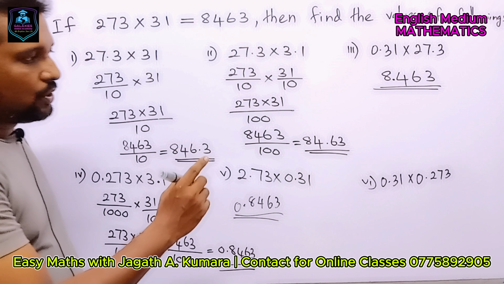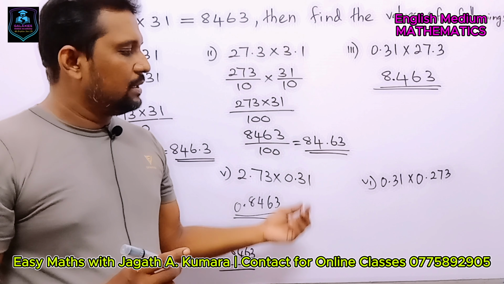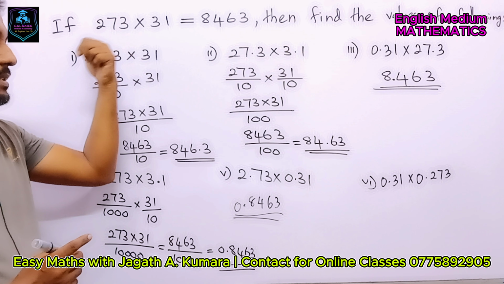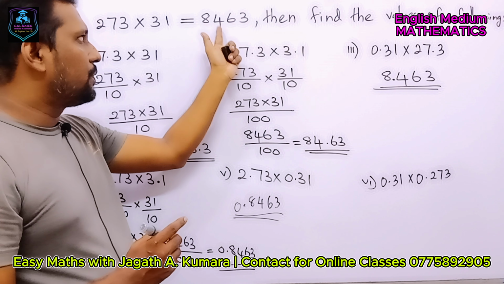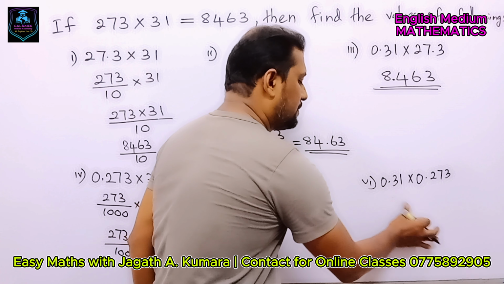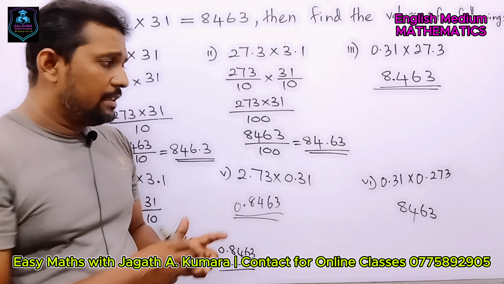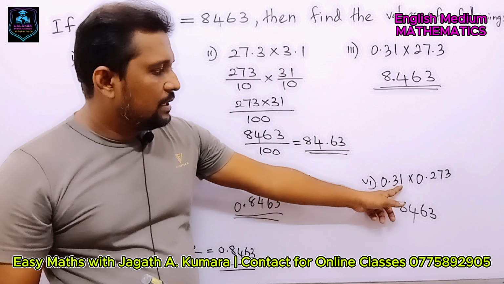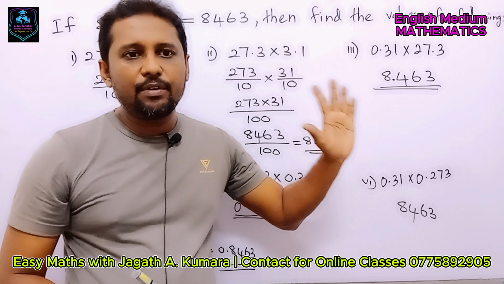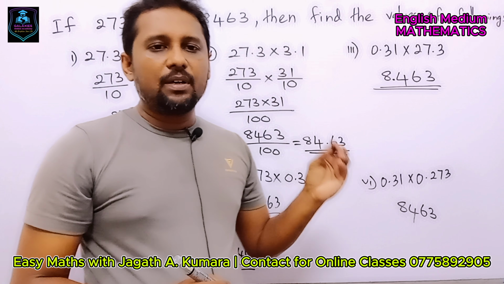Look at the last part, 0.31 multiply 0.273. Ignore the decimal point. 31 multiply 273 is 8,463. This one has two decimal places and this one has three decimal places, so you have to keep five decimal places.